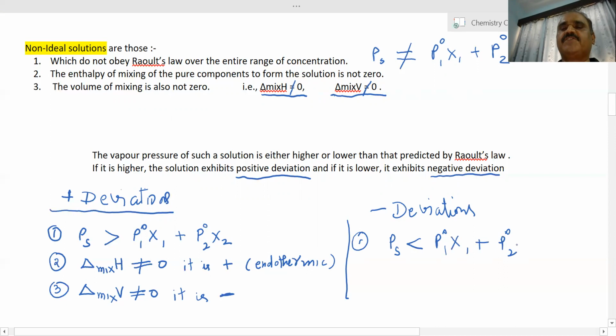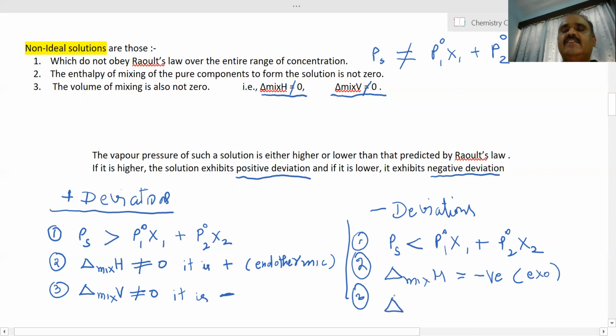Now you got it. Okay. Then second condition, enthalpy change on mixing the components is negative. Means the process is exothermic. And thirdly, there is decrease in volume on mixing the components.